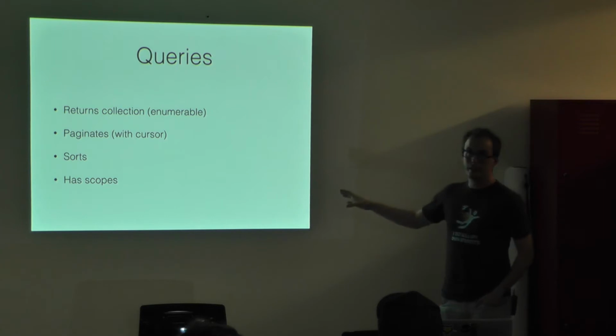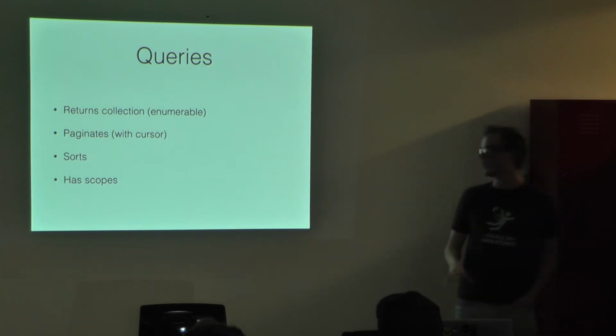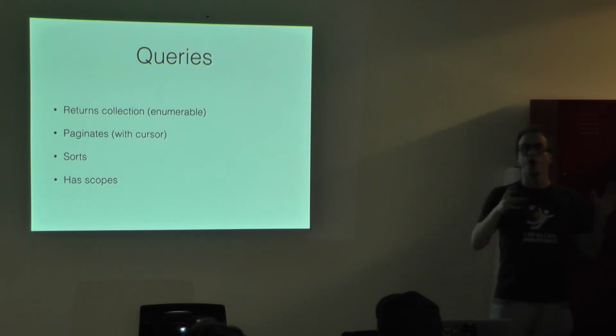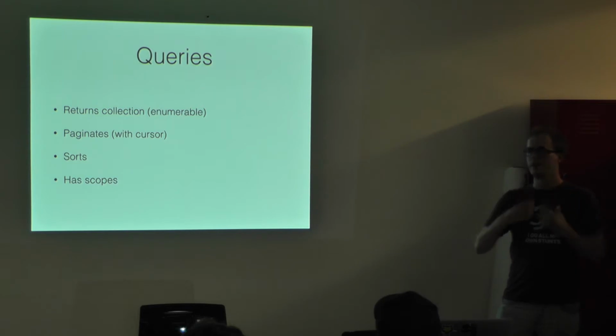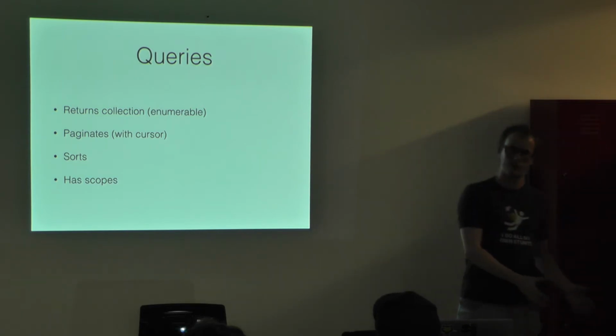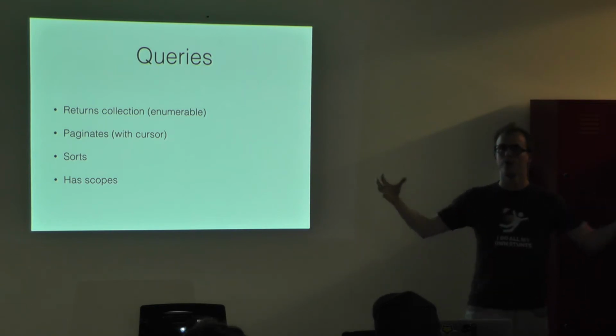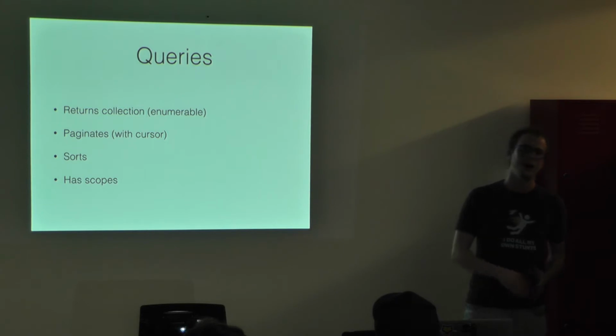It will do the sorting for you and then adjust its cursor based on how you've been sorting. And it has scopes, which are other classes, which are basically like queries inside of queries, where you can say, for instance, I don't only want the messages, I want the messages from this inbox. And that is a new object that contains that logic on how to reduce this base scope to just that scope.